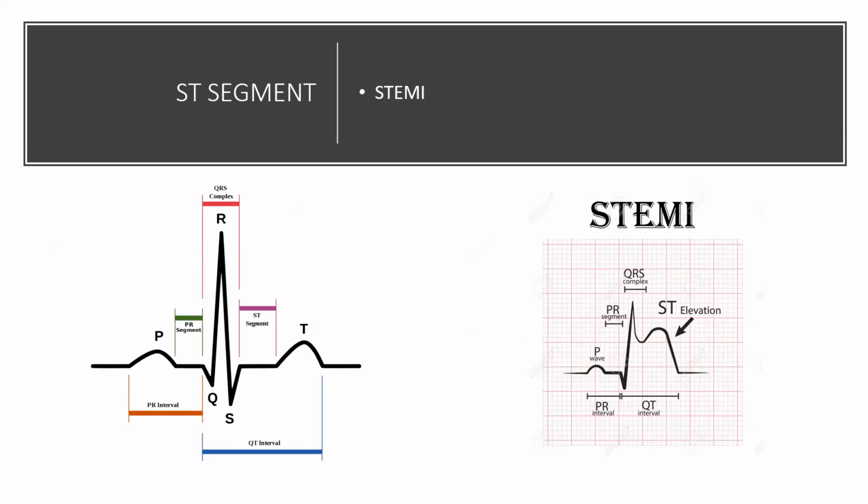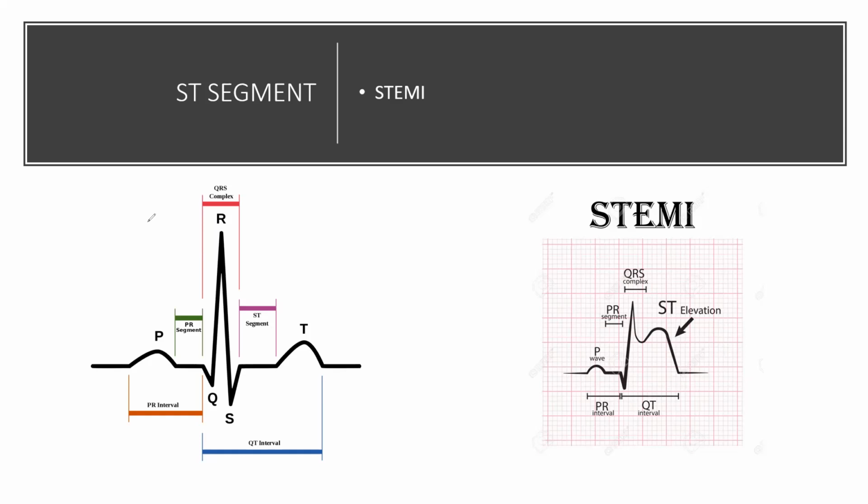So a manifestation of STEMI or ST elevation MI, as the term denotes, is the elevation of the ST segment. So in this particular slide, this is an illustration of the different waveforms, intervals and segments that we have learned in basic electrocardiogram. We will focus on different areas to help you diagnose the presence of myocardial infarction.